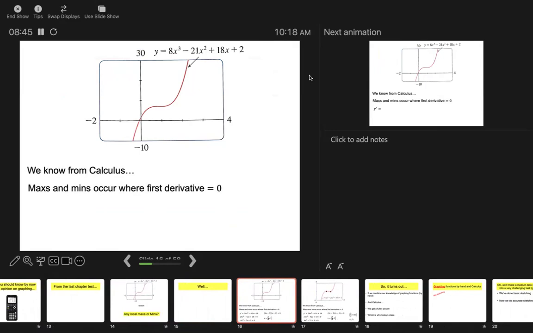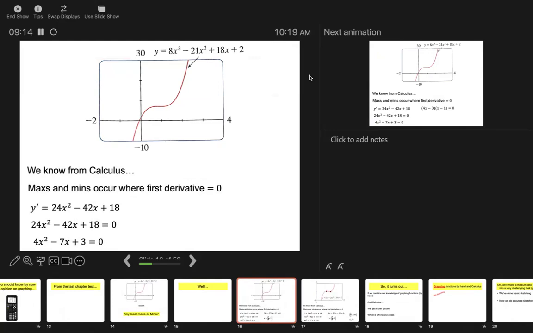Nick, give me the first derivative. 24x squared minus 42x plus 18. Okay, so we get our first derivative. What are we supposed to do with this, Matt? Set it equal to 0. Anything factor out? 6 factors out. Now we've got a factor.